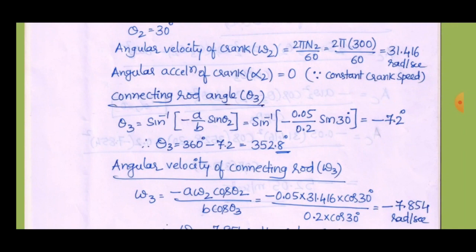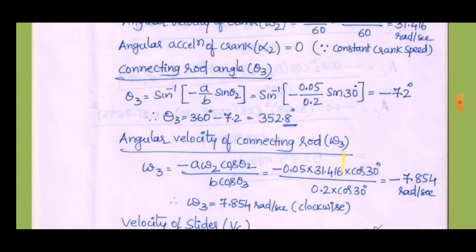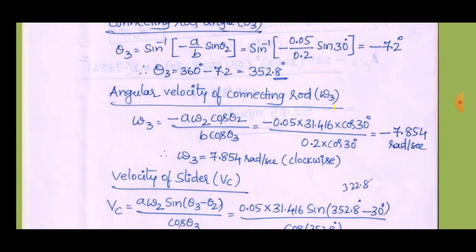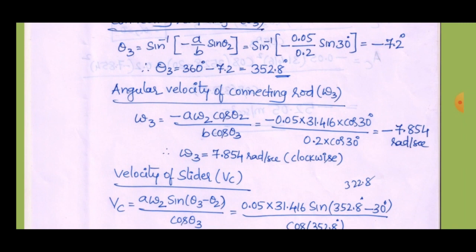After the connecting rod angle, then find the velocities. First, which velocity? The angular velocity of the connecting rod, that is omega 3. Use the omega 3 formula, minus a omega 2 cos theta 2 by b cos theta 3, in which you know all the values. A is known, omega 2 is known, theta 2 is known, b is known, theta 3 is known.